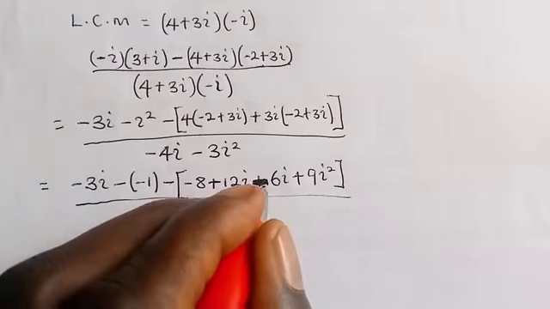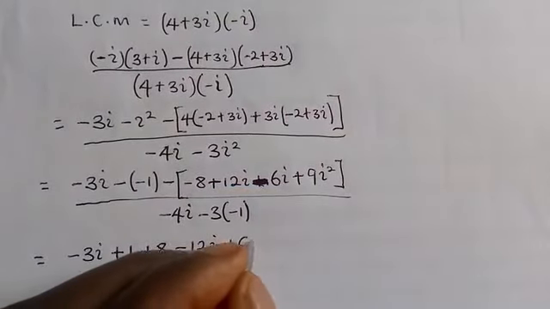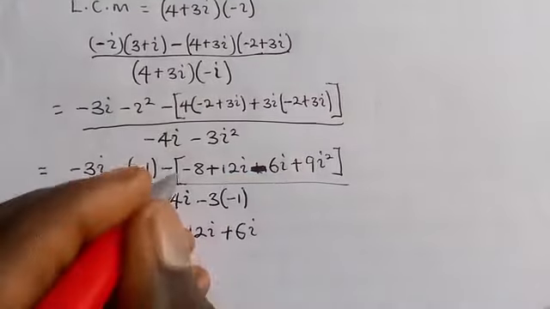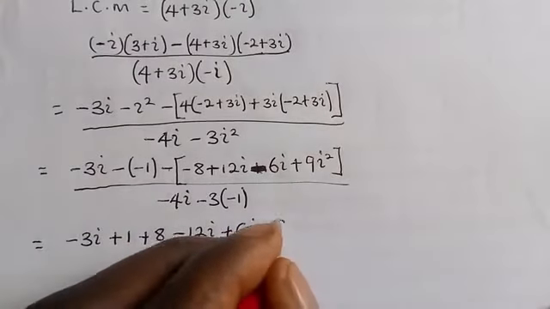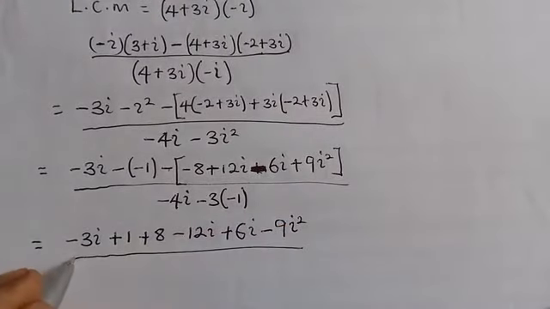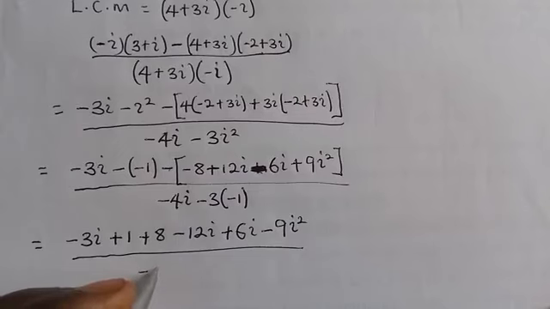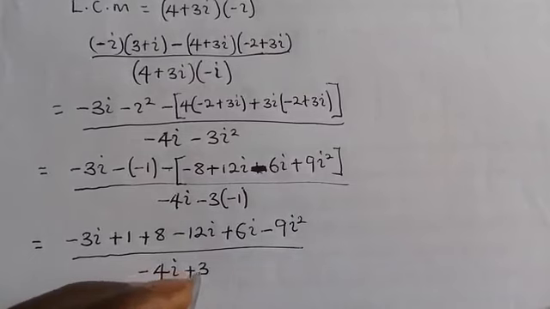Minus times -6i, we have plus 6i. Minus times +9i squared, we have -9i squared. All divided by -4i plus 3.